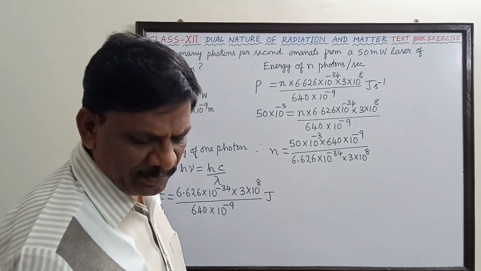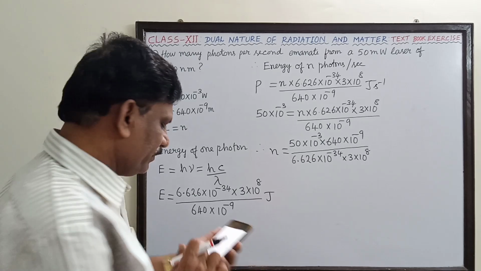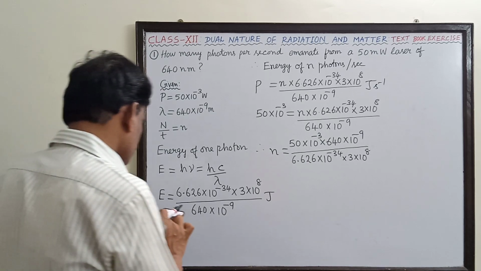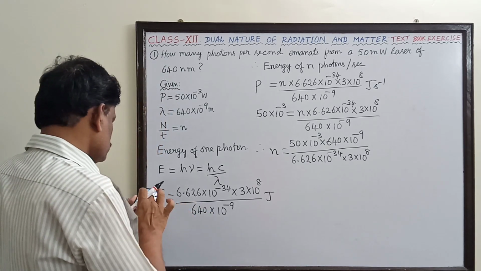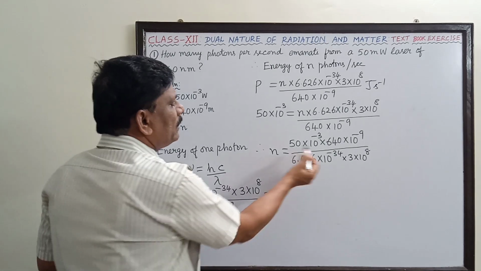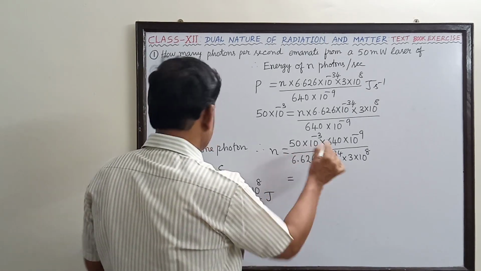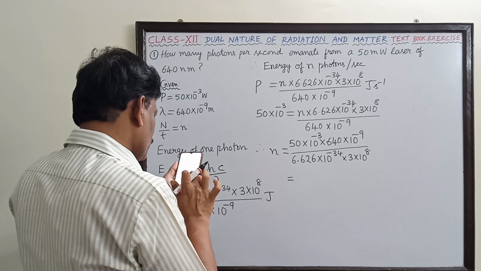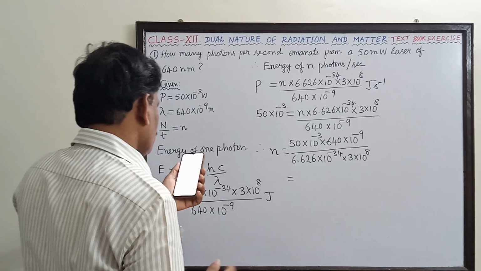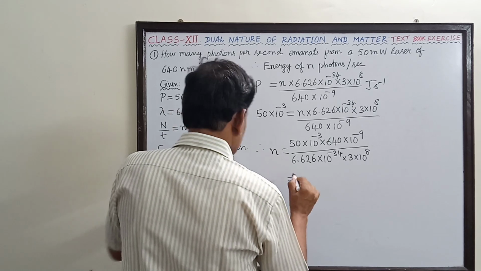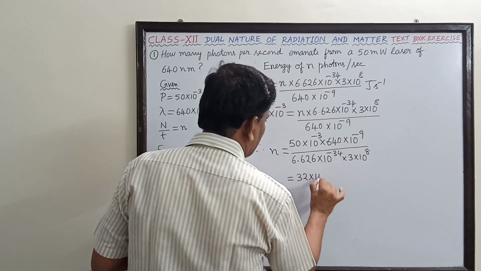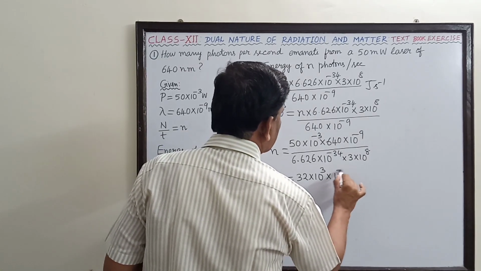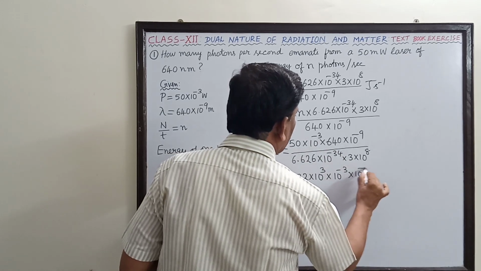So after this, let us multiply this using the calculator. 640 into 50 directly, so this is equal to 32,000. So 32 into 10 power 3 multiplied by this 10 power minus 3 into 10 power minus 9.